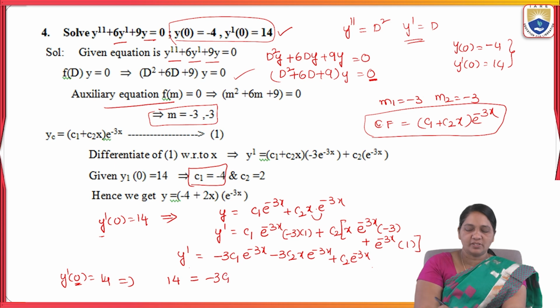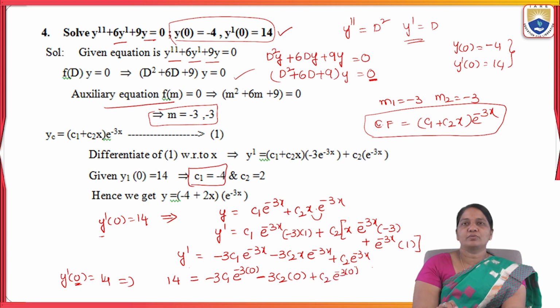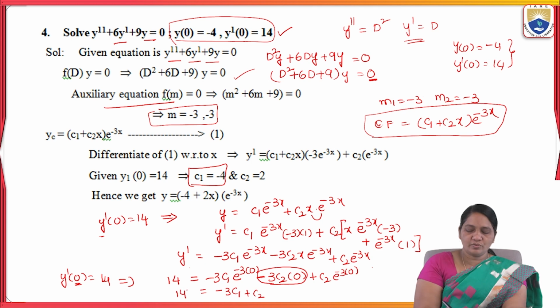So -3 C1 times e^0, which is 1, then this total term is 0, plus C2 times e^0, which is 1, equals 14.